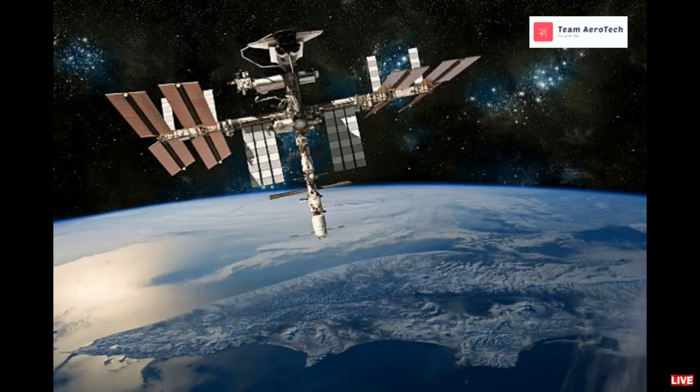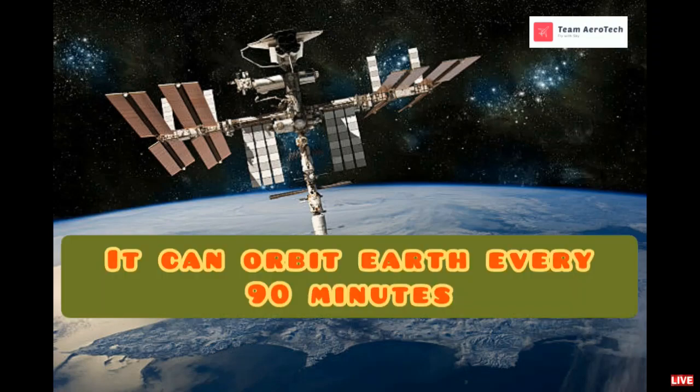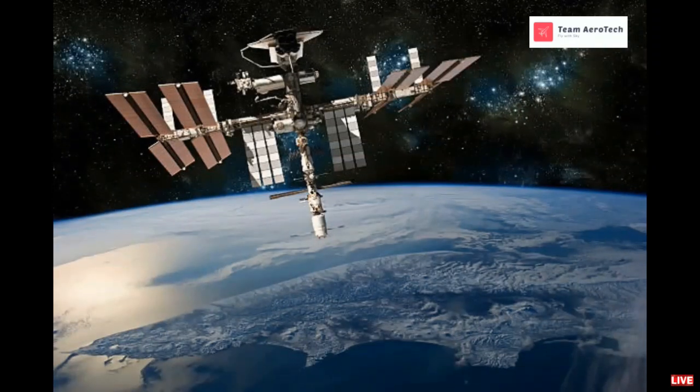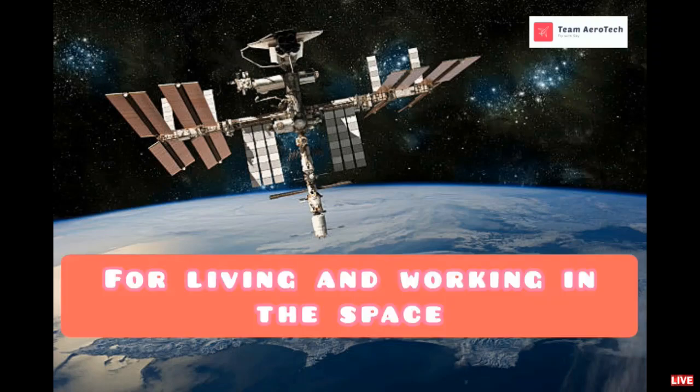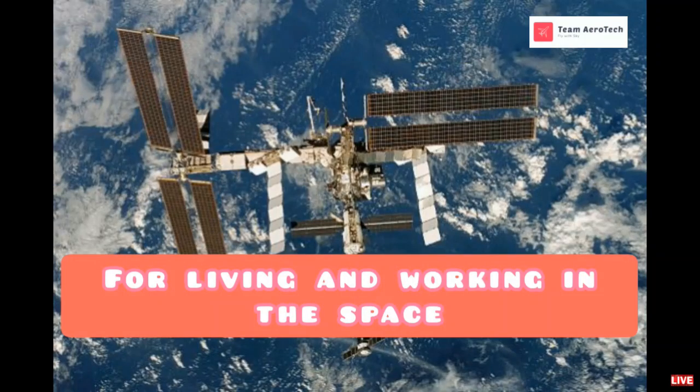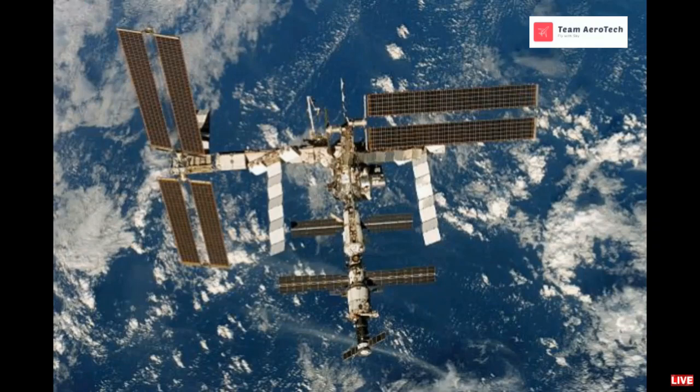Because of this speed, the International Space Station can orbit the Earth every 90 minutes. Every space agency is using it, as I already told you, for living and working in space, like how we can live and how we can work in space. Okay, so that is all about what is ISS.